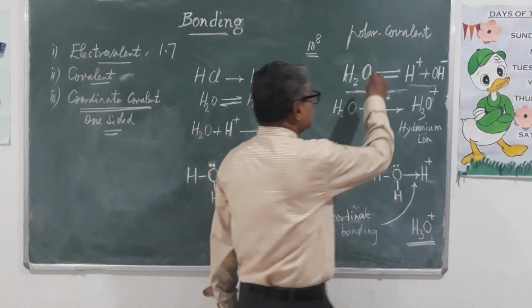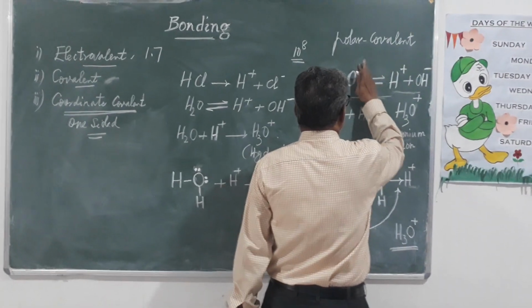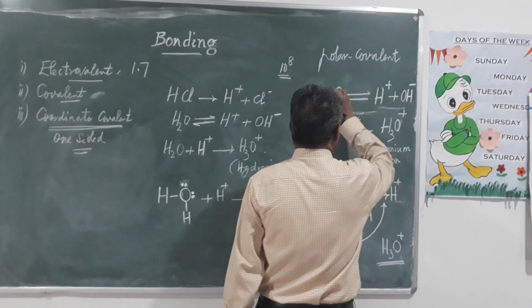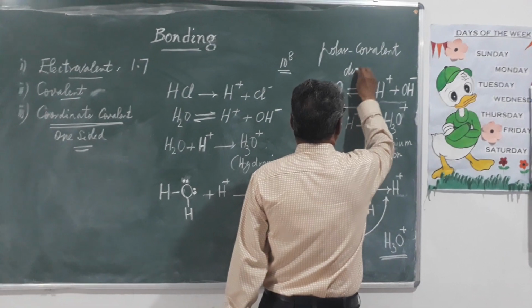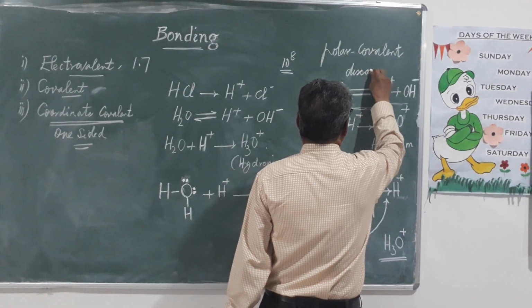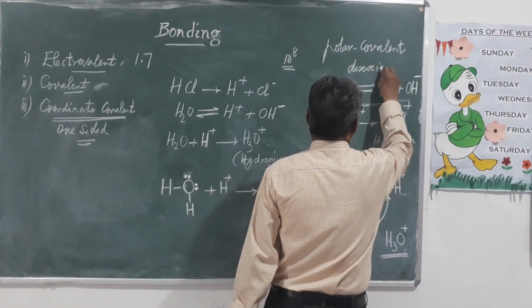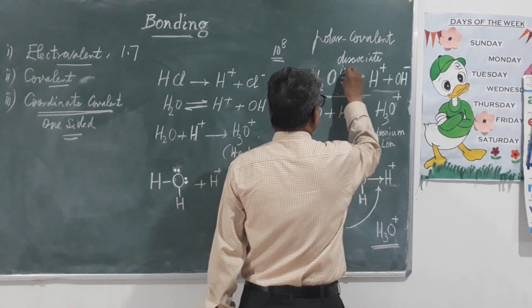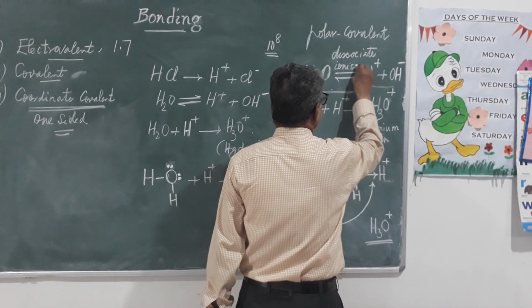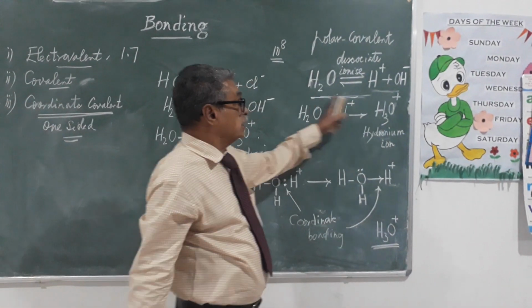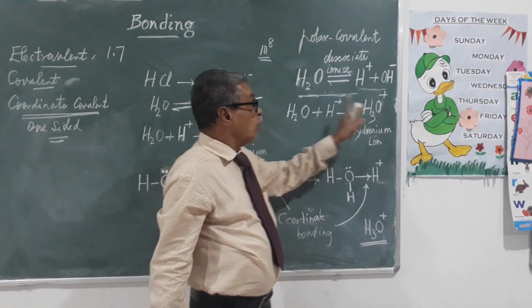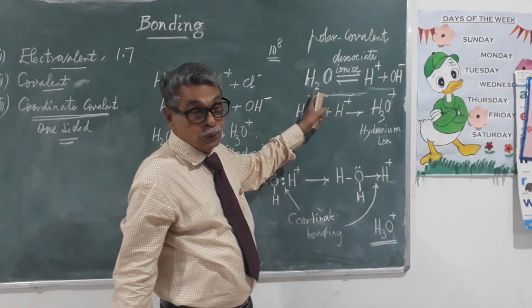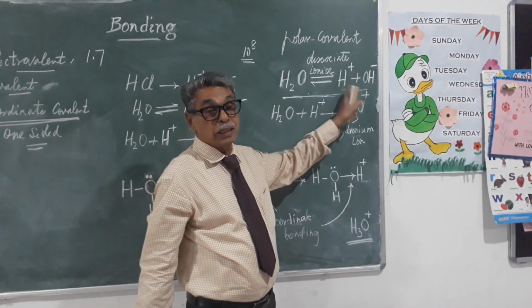This change is known as dissociation. You can call it ionization or dissociation. If it is an electrovalent compound, we call it dissociation. For a covalent compound, we say ionization. So this ionizes. One water molecule ionizes into H+ and OH-.